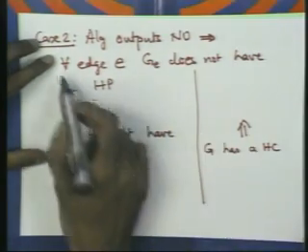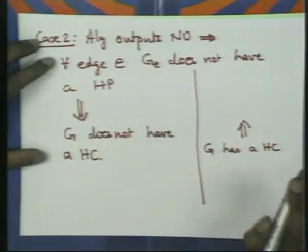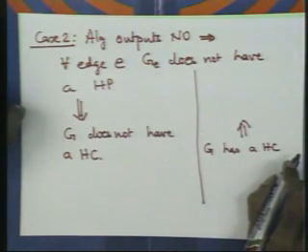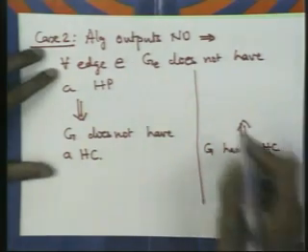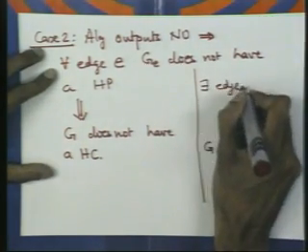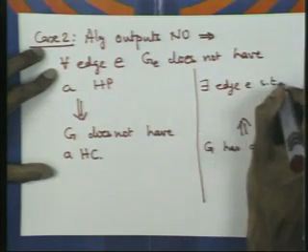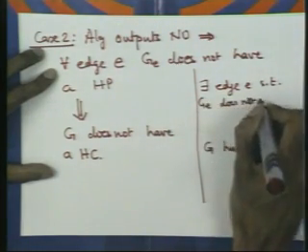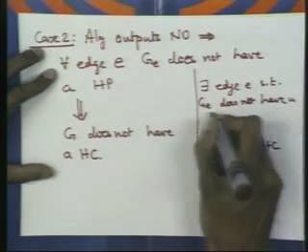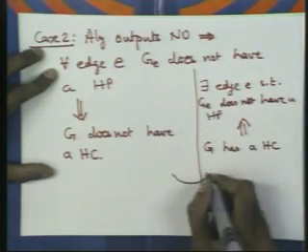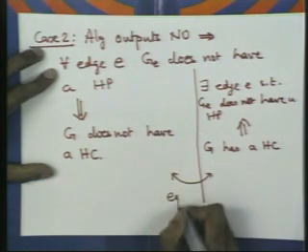This means this statement cannot happen, okay. It is not the case that for every edge E, GE does not have a Hamiltonian path, which means there exists an edge E such that GE does have a HP. So these two things are the same, okay. So these two are equivalent.